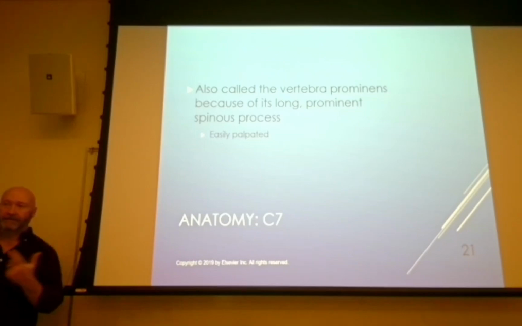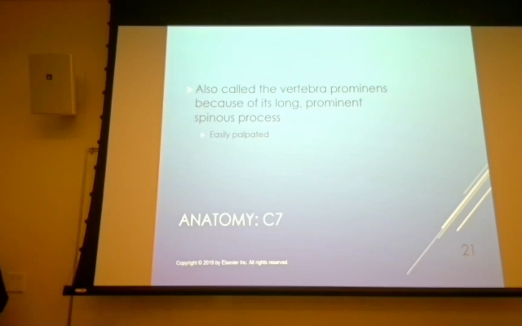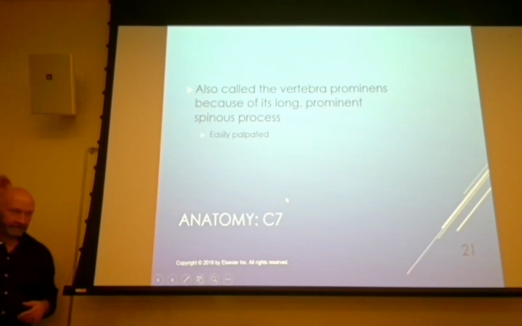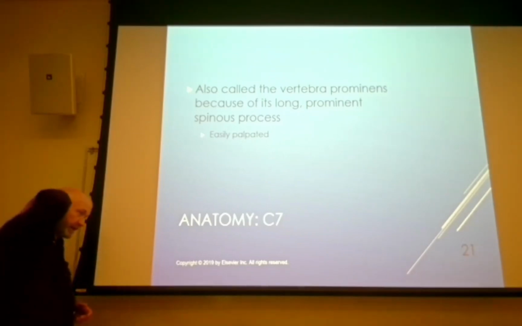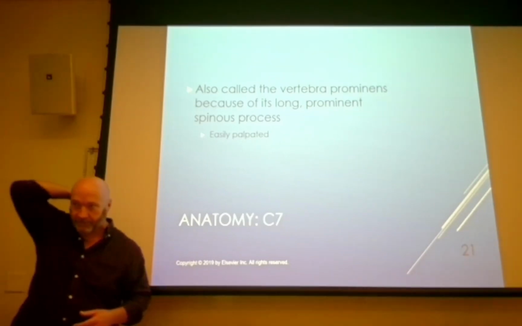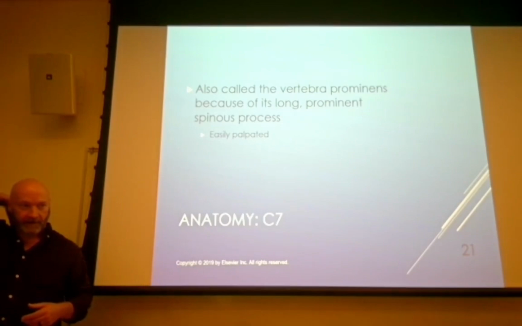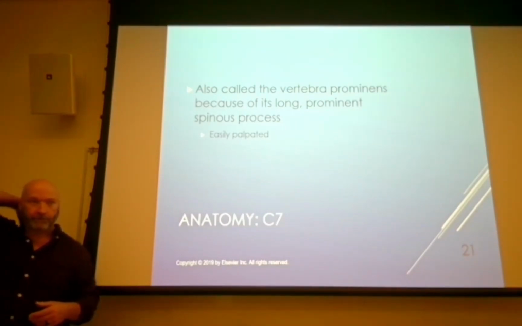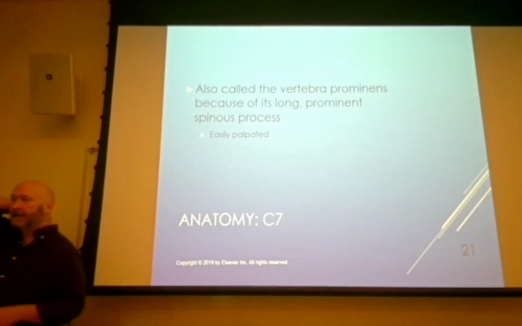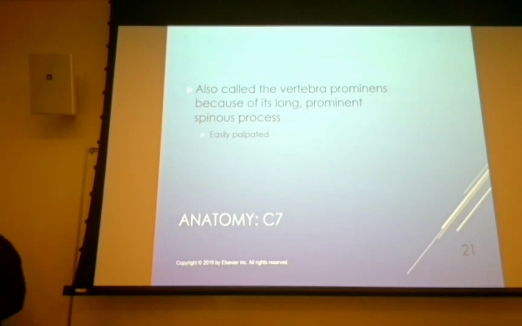So they just increase in size. No real other differences in features until you get down to C7. The spinous process of C7 is that knot that you can feel right at the base of your neck on the back. That's what we refer to as the vertebral prominence. It's that knot we feel on C7.